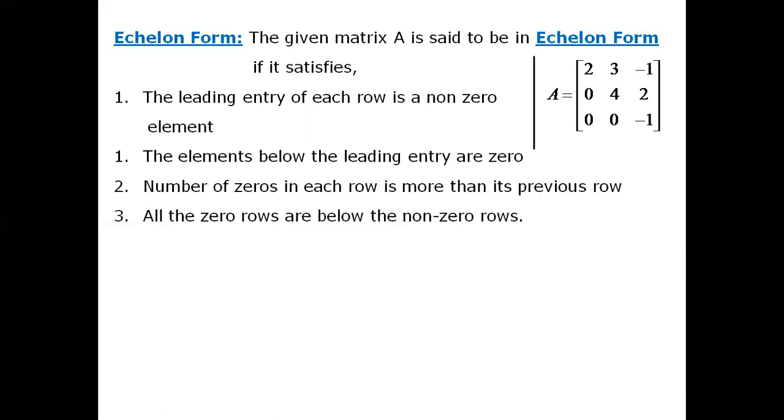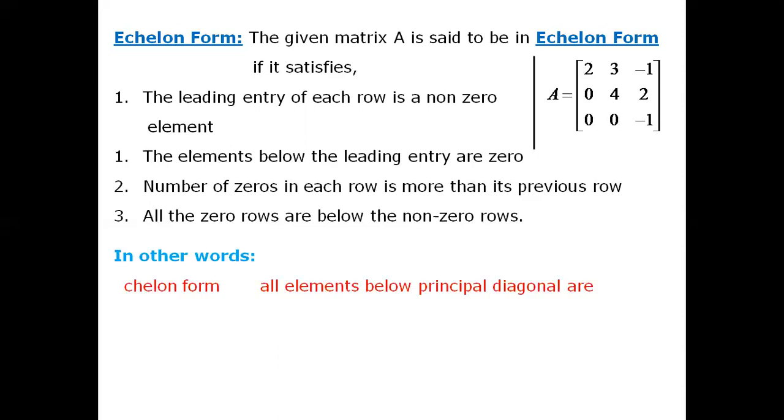In other words, the echelon form matrix can be defined in one line like this. See, echelon form implies all elements below the principal diagonal are 0. So this is the matrix and this is the principal diagonal of the matrix. And you can observe that the elements below this principal diagonal are all zeros.